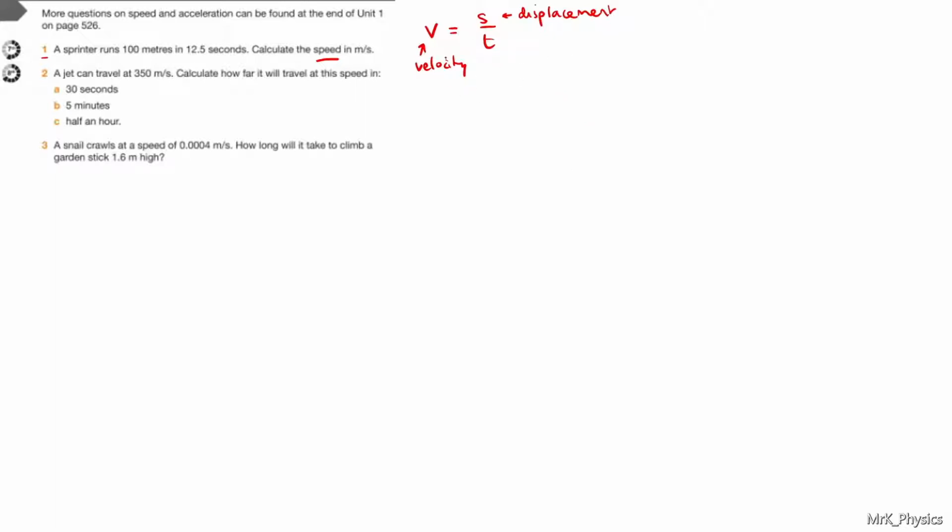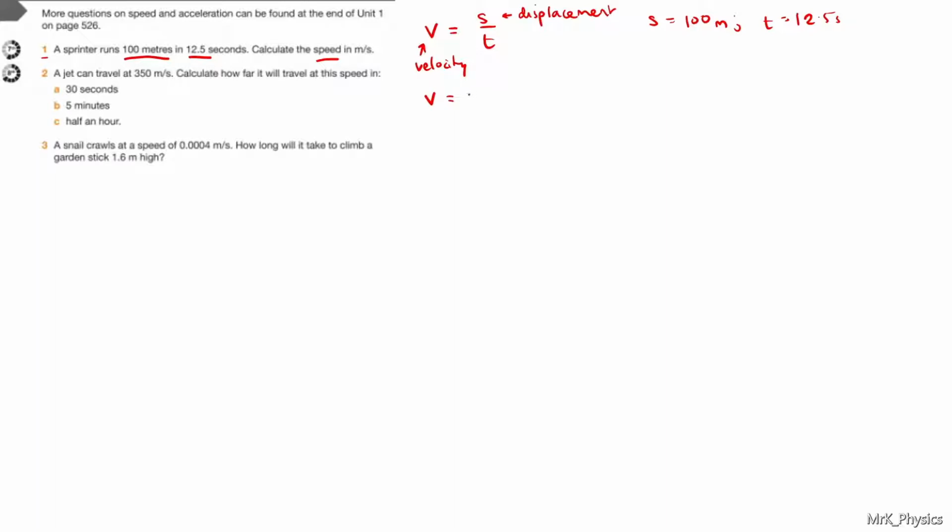Essentially we know that we've got 100 meters and 12.5 seconds. Our s value is 100 meters, and our t value is 12.5 seconds. It's a pretty good idea to write down your data on the side with units as well. Then all you're doing is plugging into the equation.